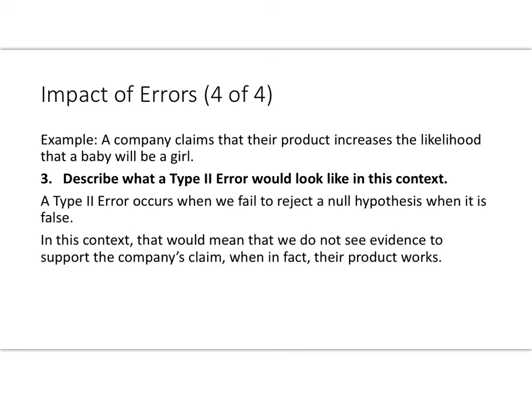A type 2 error would be if we fail to reject the null hypothesis when it is false. So in this problem, that would mean that we do not see evidence to support the company's claim when in fact their product does work.